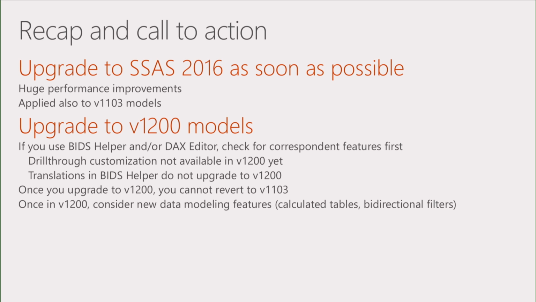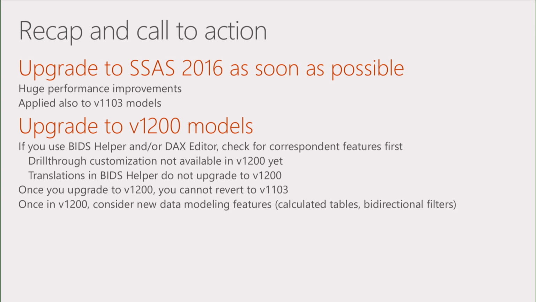So drill-through customization and translations are not available. In reality, translations are available, but you have to write the translations in the new model. So you have to be careful extracting the translations and converting them to the new model. There is no tool to do the migration, whereas for drill-through, we have to wait until Microsoft provides an equivalent feature in the new model.